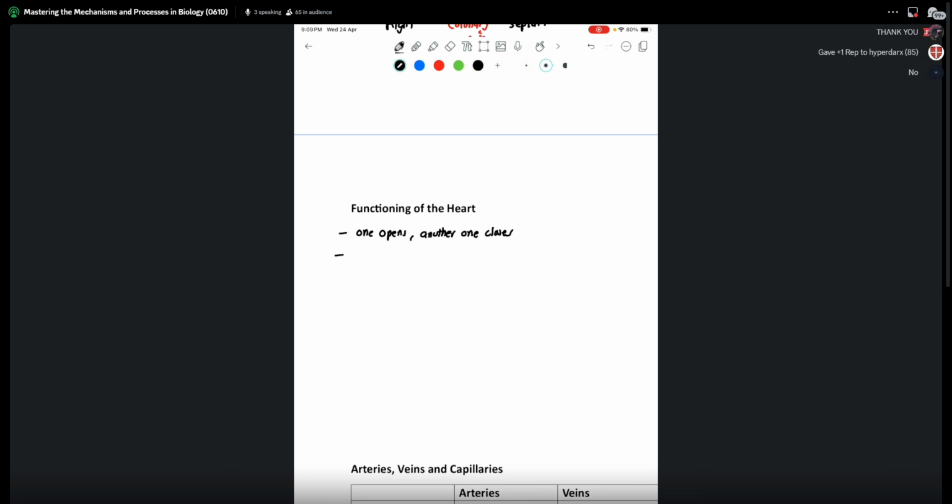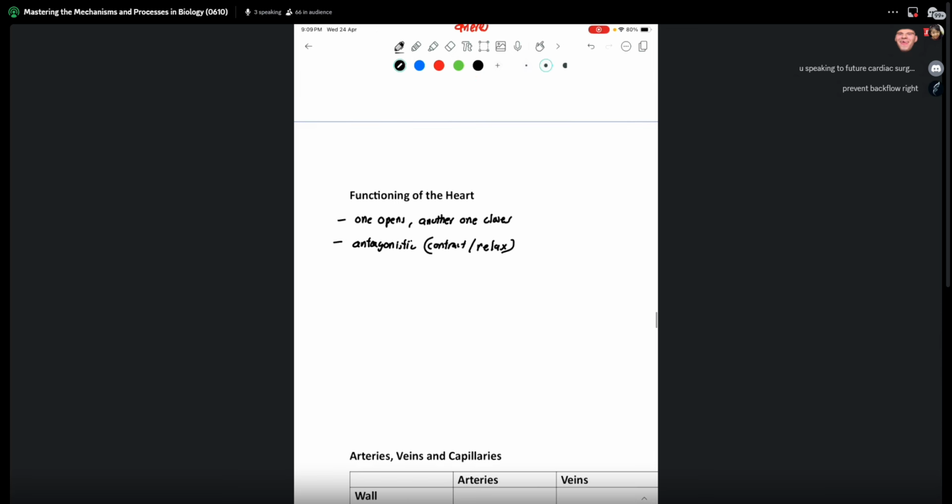And secondly, the muscles in the heart, right? They work antagonistically, meaning one side will contract, the other side will relax. Okay, so how is this going to work? All right, I'll draw an easier diagram.